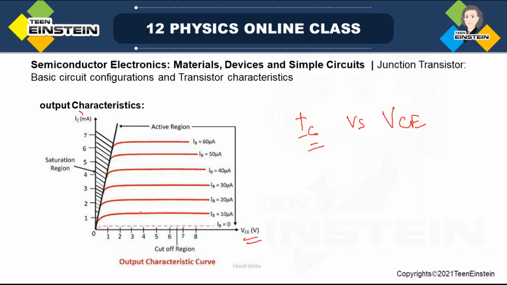So look here, when VCE is increased, then up to certain voltage, see, I'll write this equation: VCE is equal to VCB plus VBE. This has a fixed value 0.7, suppose 0.7 voltage.